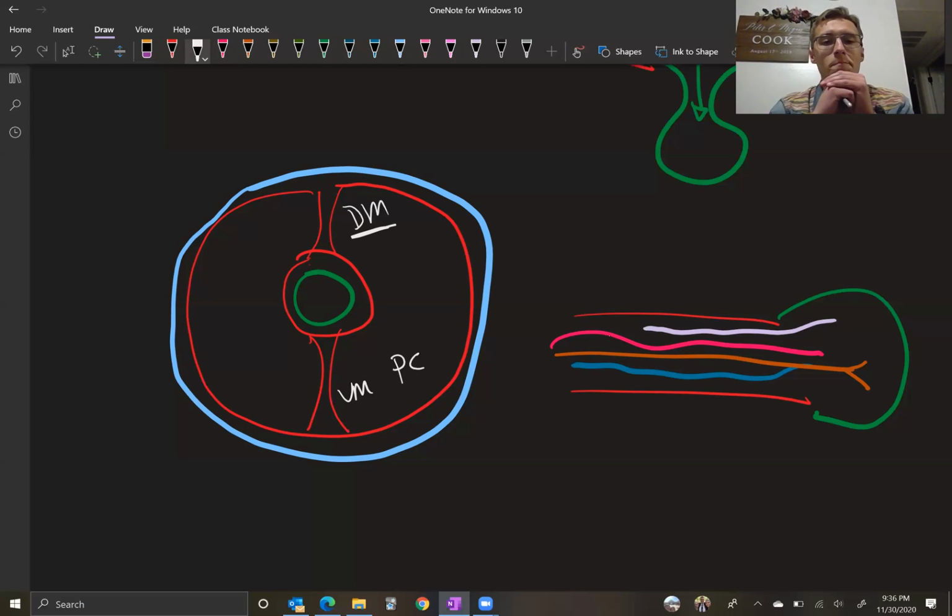And so, for example, the transverse colon is always going to have that mesentery attached. So it's going to be an intraperitoneal organ, as it always has a mesentery to connect it to the body wall and essentially hangs in the peritoneal cavity there.